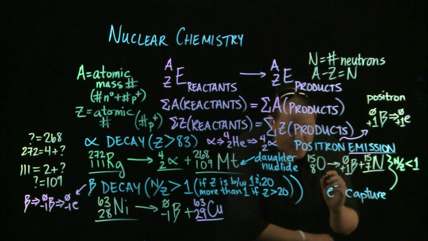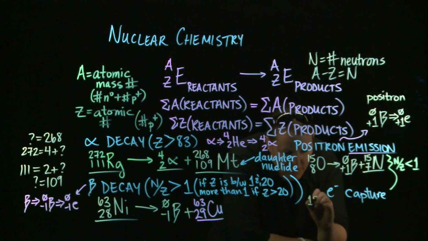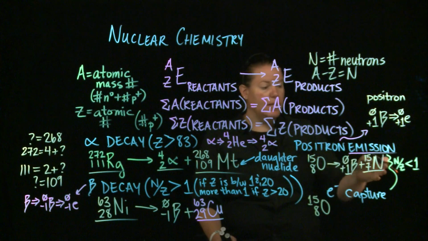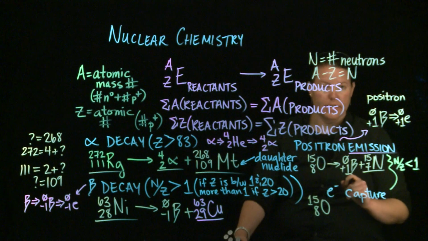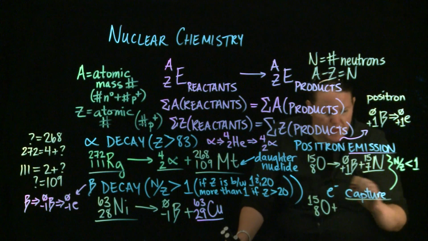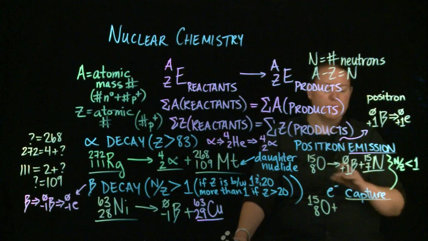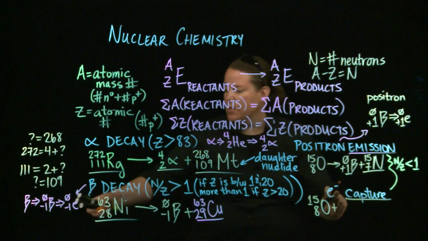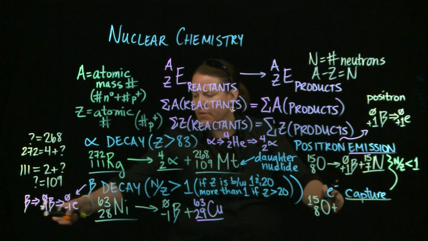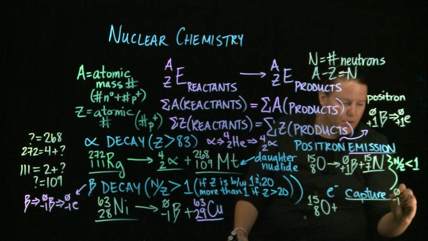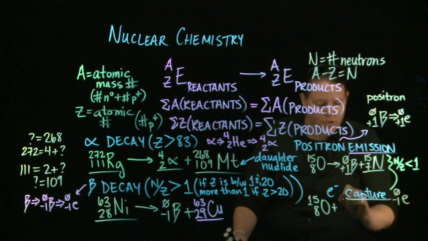Let's do the same exact thing with electron capture. Because oxygen 15 is still an N to Z ratio of less than 1, right? So in an electron capture, what capture means is that it is a reactant. It goes on the reactant side. So it's still going to be an electron, symbolized just like these guys over here, usually as 0 over minus 1 e.